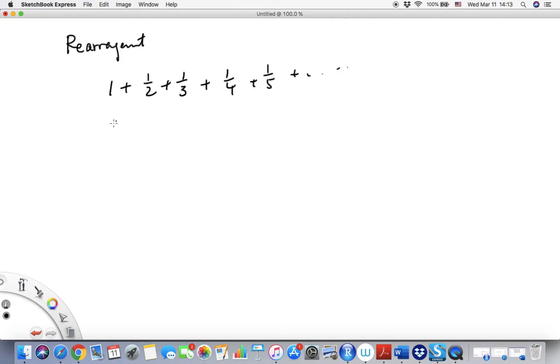A rearrangement would be something like 1 plus 1/3 plus, say, 1/8 plus 1/2 plus 1/4. So you just switch around the position of your terms. Okay, that's a rearrangement.